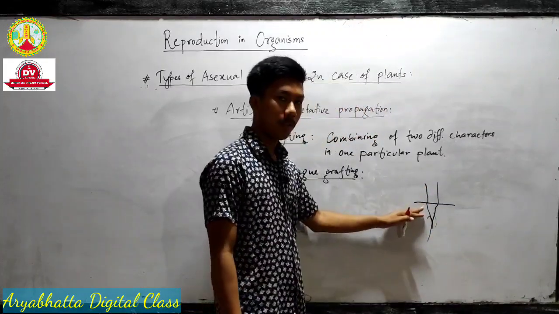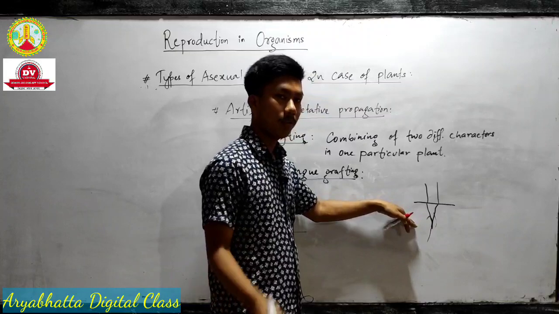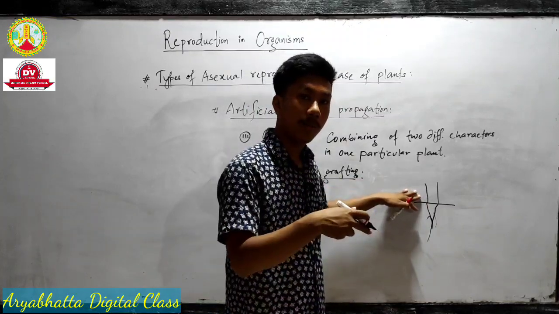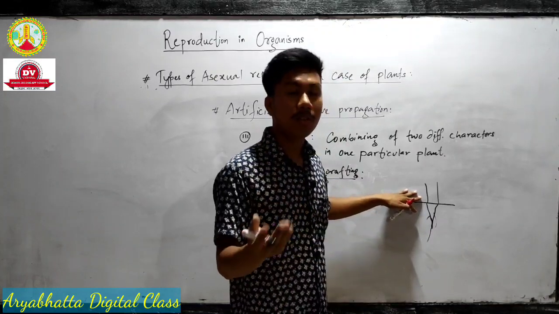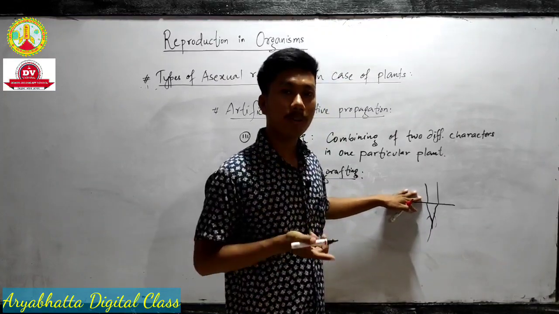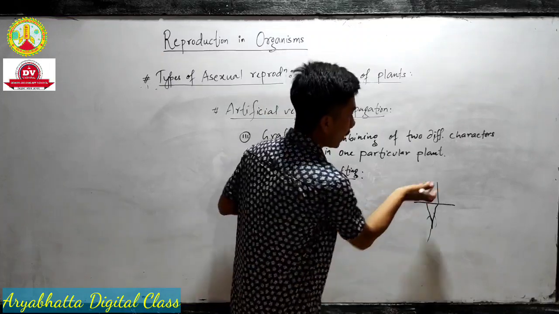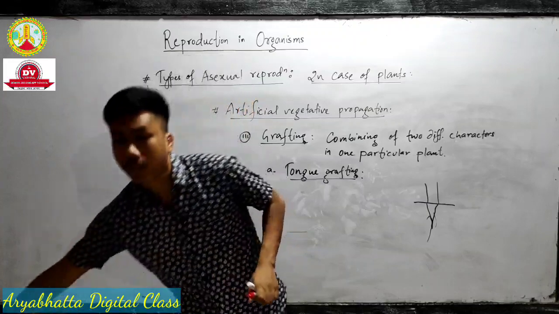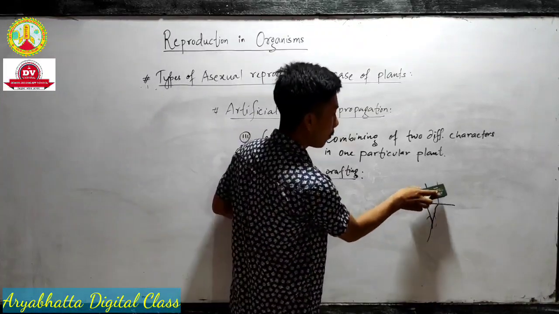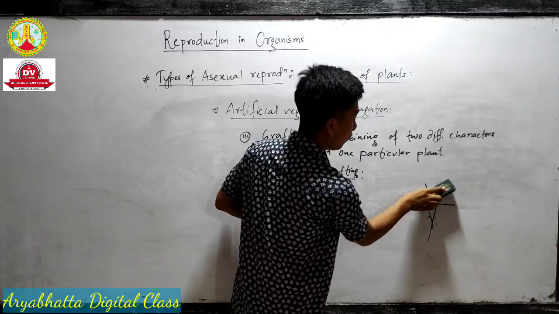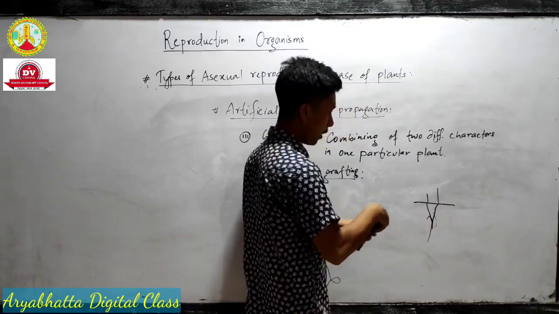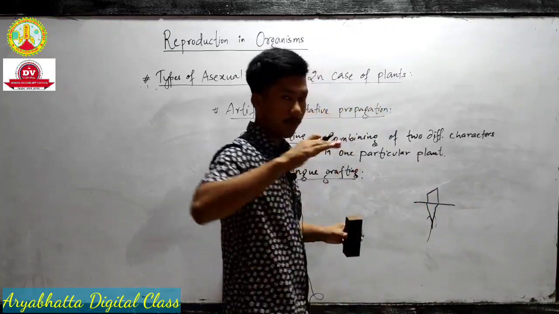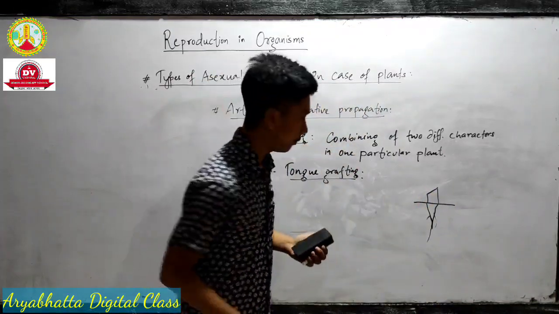Suppose this is a red rose plant. If you want to achieve two different colors in one particular plant, we cut the shoot region just above the surface of the ground at an angle of 45 degrees.